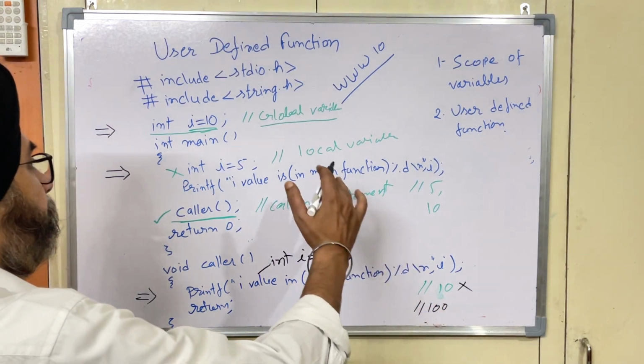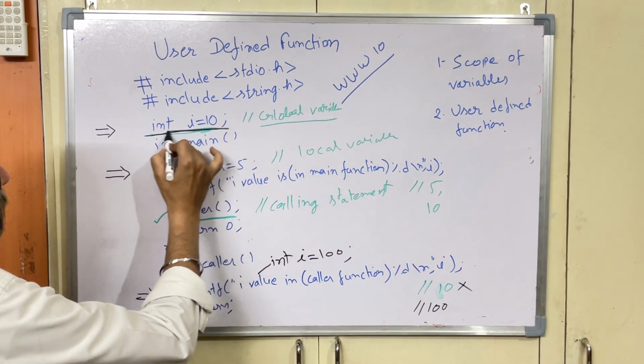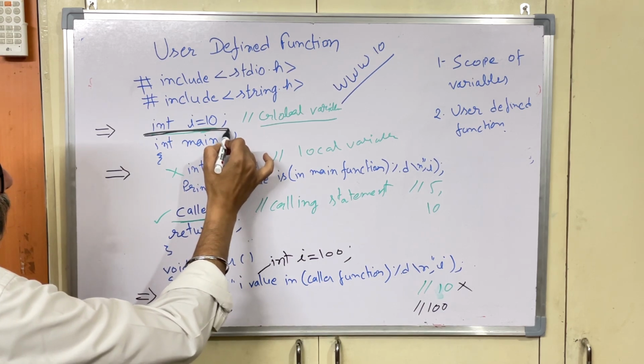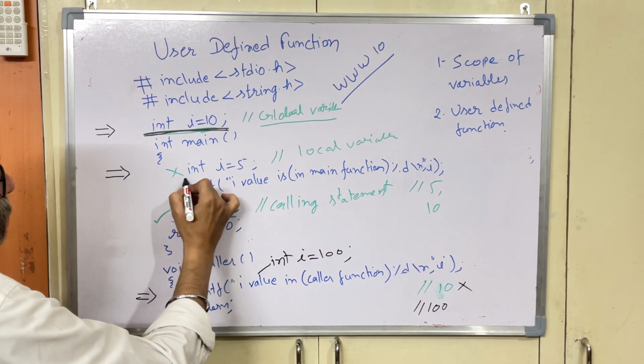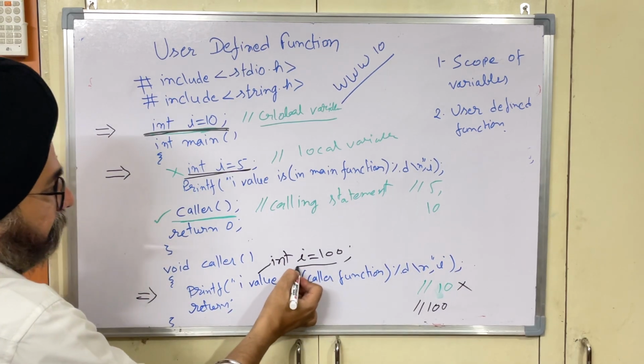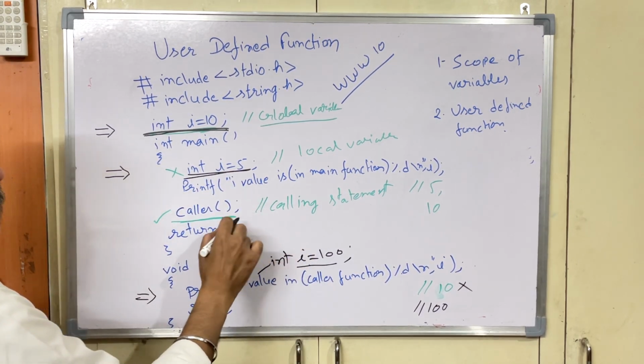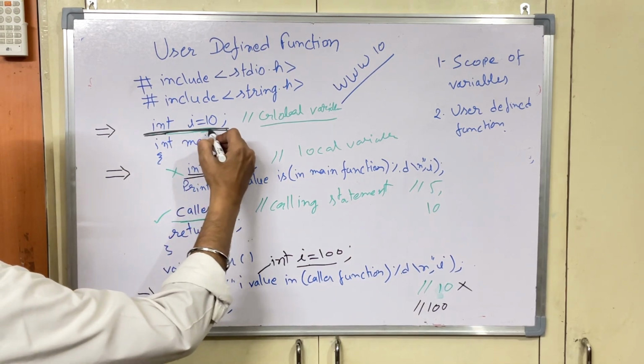So you can see in the way I am using i = 5 and i = 10. Here I am using 5, and here I am using 10. So local variables are this and this, and global variables are this.